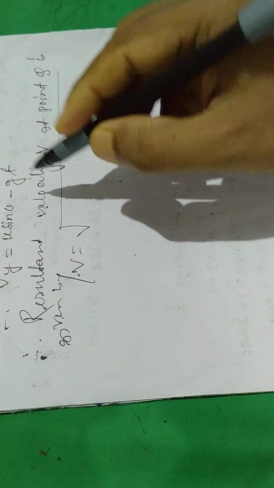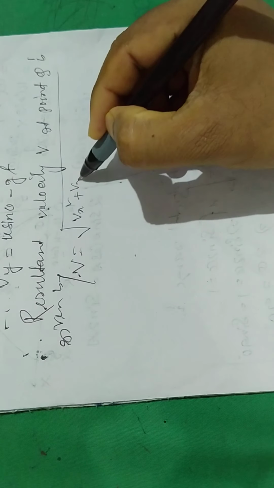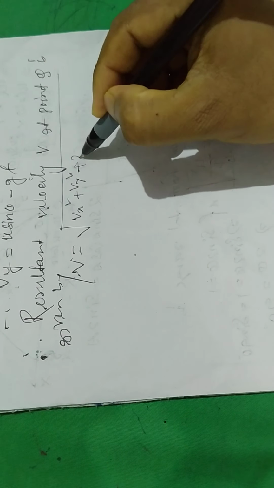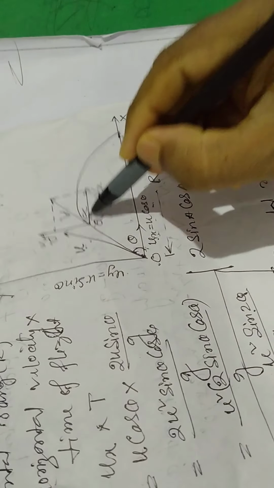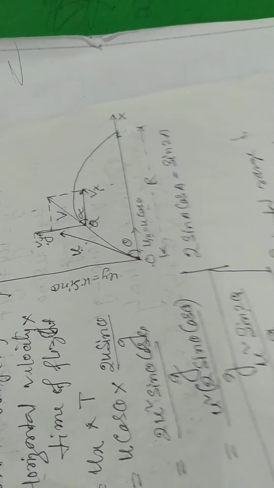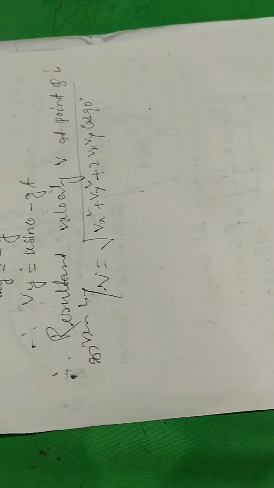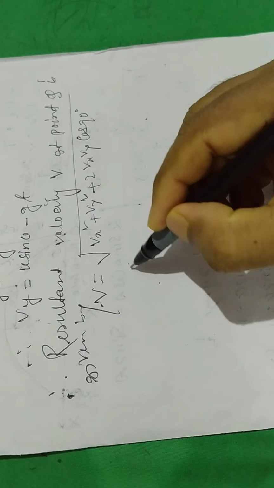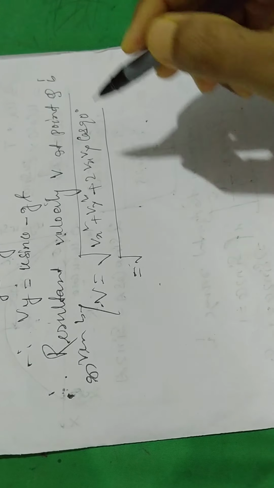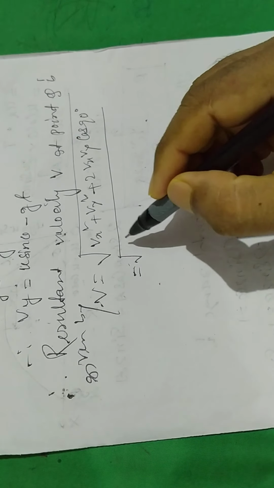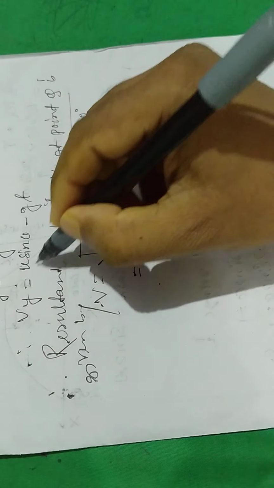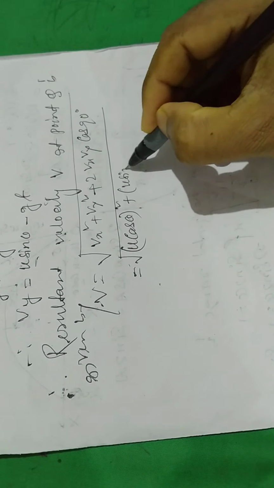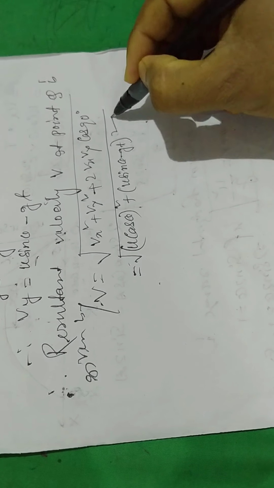So v equals root over vx square plus vy square plus 2 vx vy cos 90 degrees. In this case, you see the diagram, vx and vy are perpendicular to each other, so cos 90 degrees is 0. And vx equals u cos theta, and vy is u sin theta minus gt, whole square.